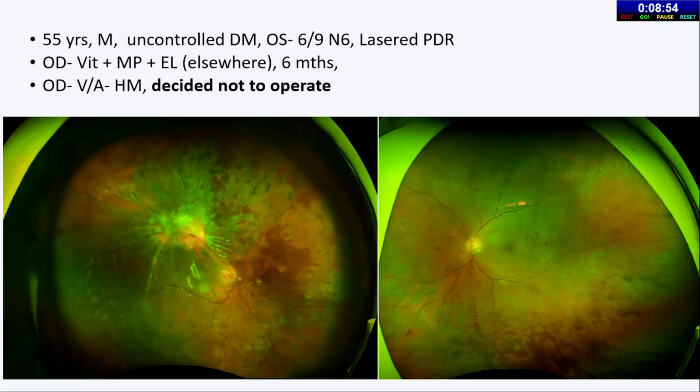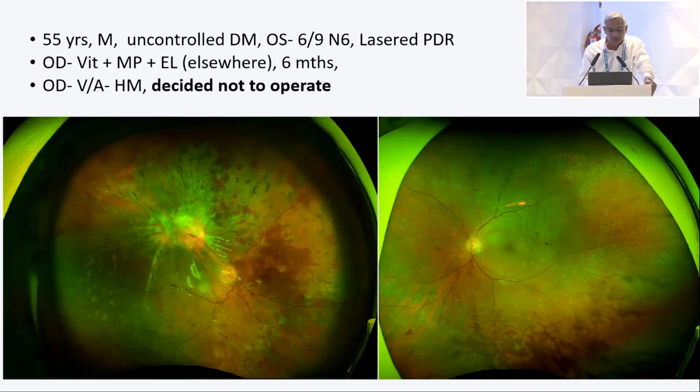This is a 55-year-old male with uncontrolled diabetes, HbA1c was 11, had laser for PDR, fortunately in the left eye. The right eye had a couple of surgeries, and then he was sent to us with a picture like this. The left eye was stabilized.